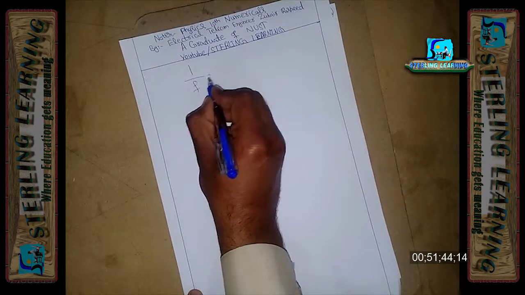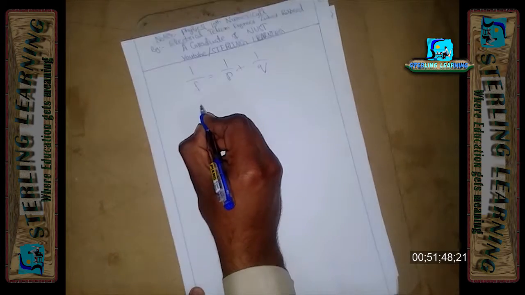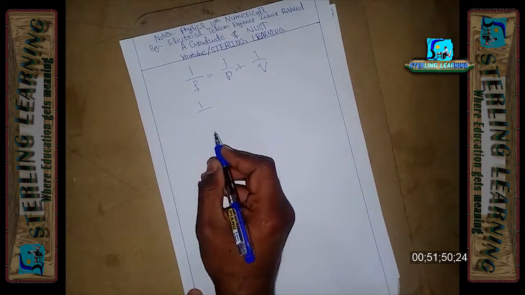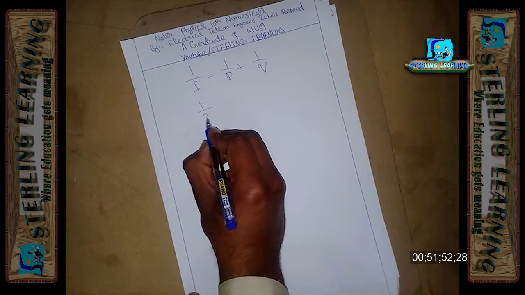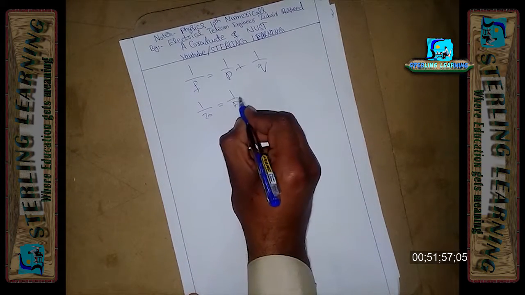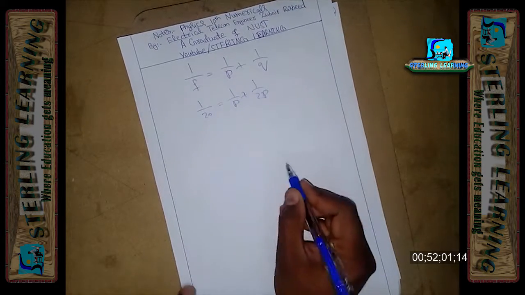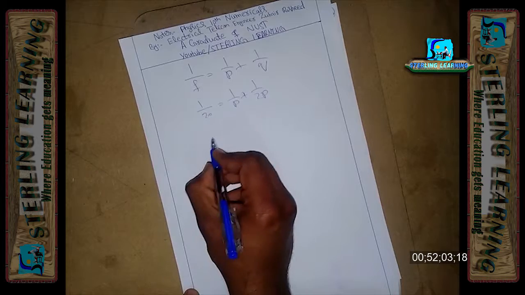One over F is equal to 1 over P plus 1 over Q. 1 over F is 1 over 20. 1 over P plus 1 over 2P. Q is equal to 2P, we have calculated that.